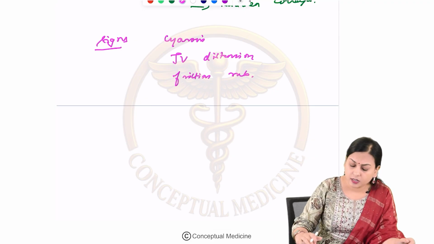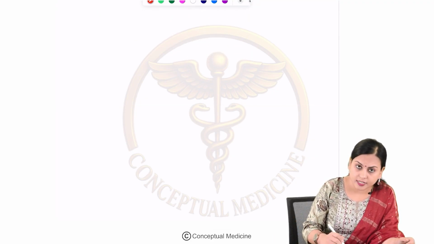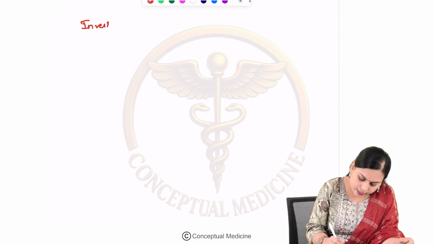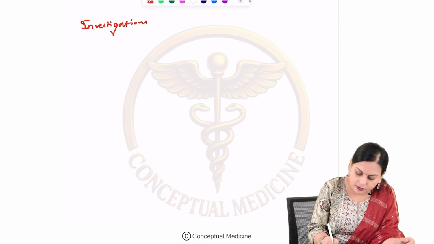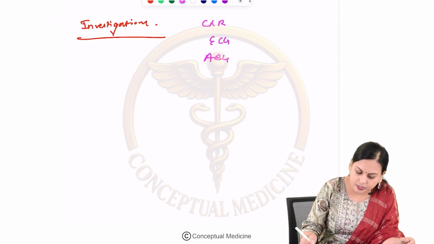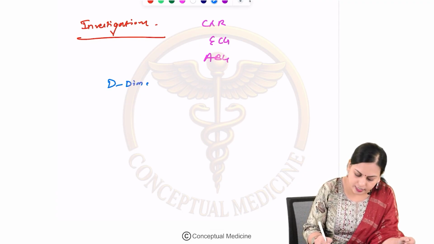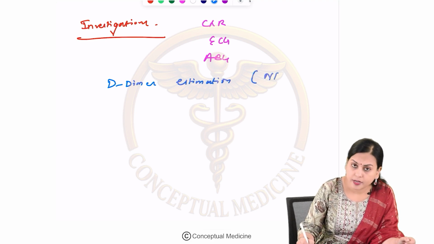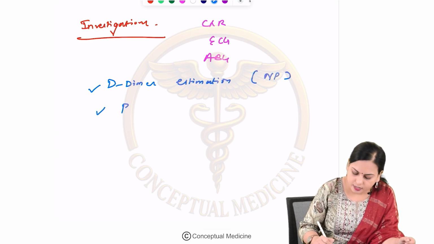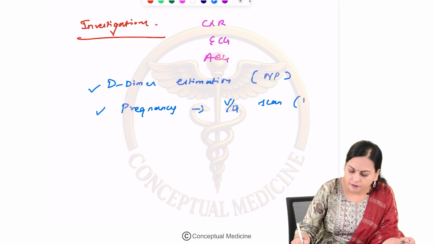Okay. Now we will see what investigations are to be done for this condition. Investigations may include chest X-ray, ECG and ABG, that is arterial blood gas analysis, and a D-dimer estimation is also useful in the non-pregnant state, whereas in pregnancy you have to do a ventilation perfusion scan as the first and primary investigation.